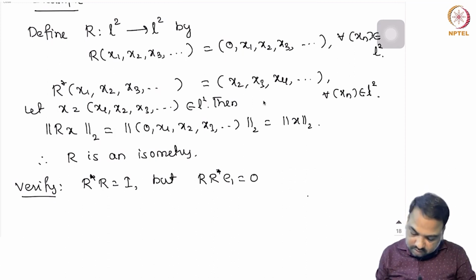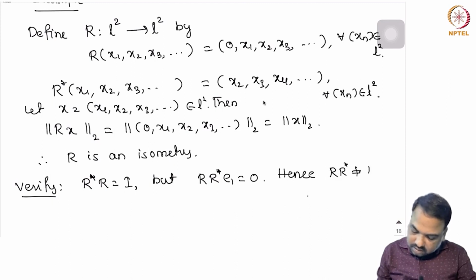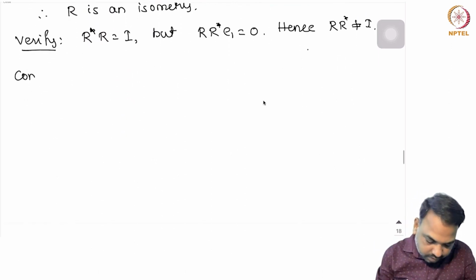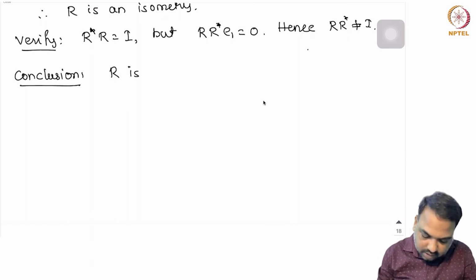So this is 0. Hence we can say that R R star is not equal to the identity. So the conclusion is that R is an isometry, but not unitary.